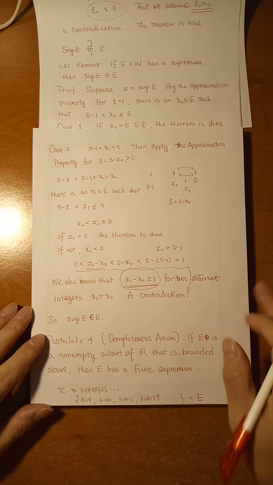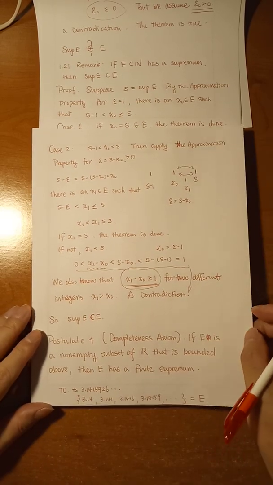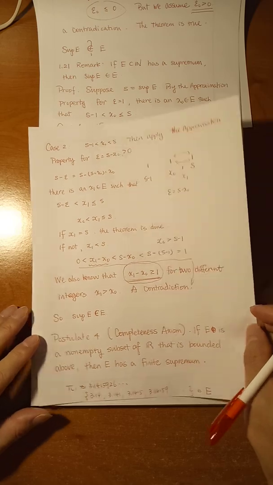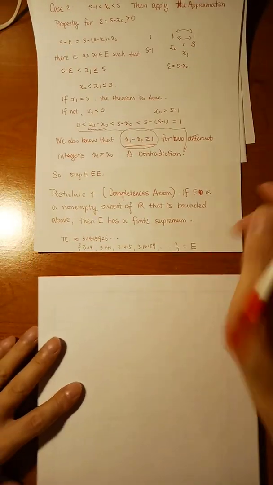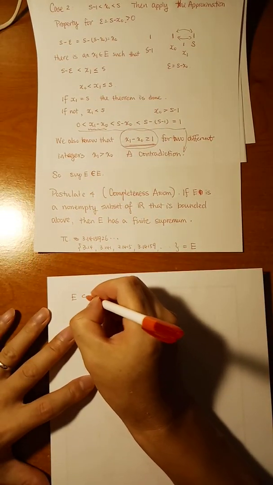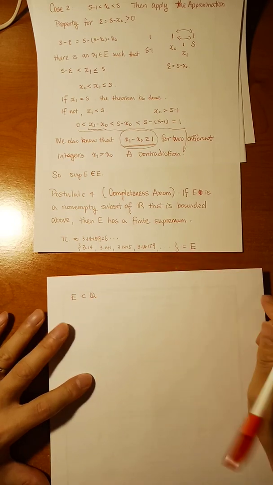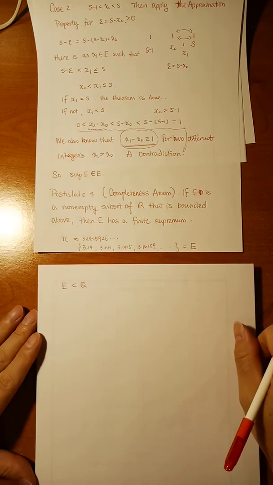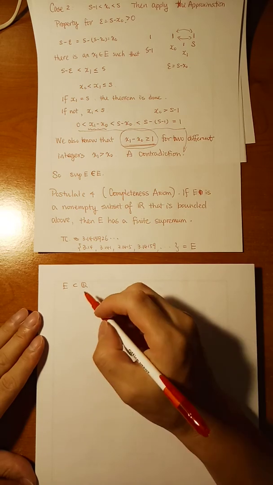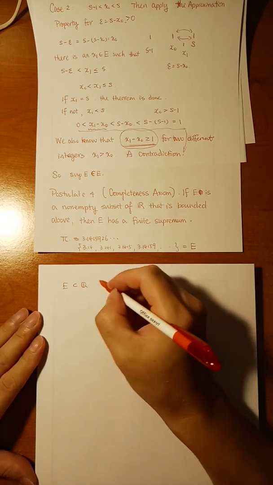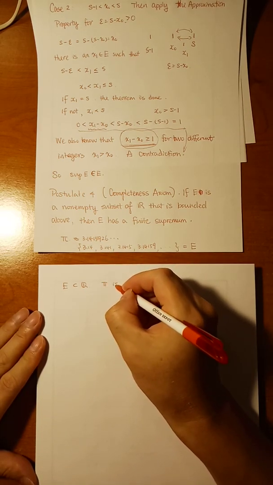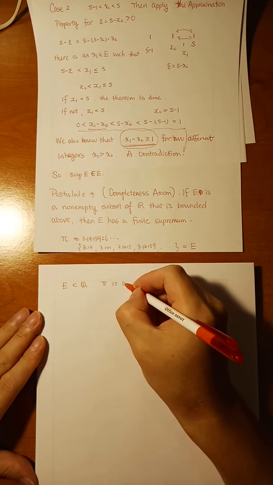And all those numbers are finite decimal numbers, so they are rational. So this E belongs to the set of rational numbers. And pi is an upper bound.